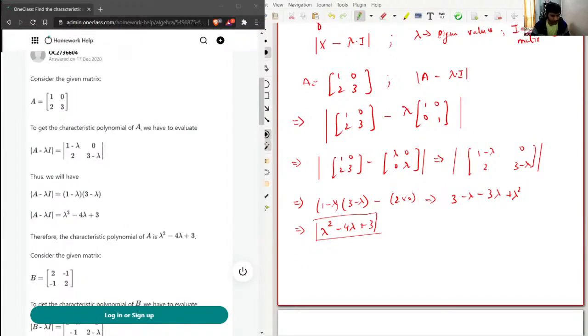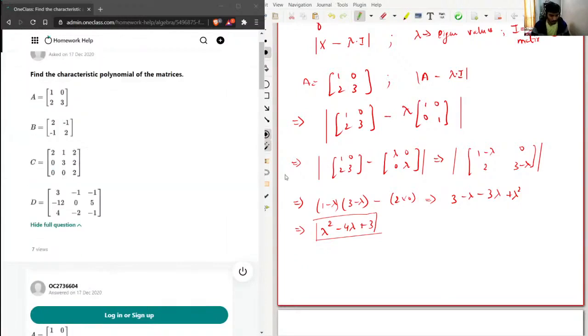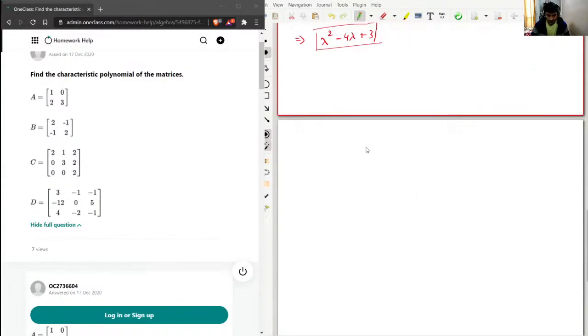So again here we can see that the same kind of procedure is followed. I will go for the second one. So my B matrix is, it is a lot easier to deal with a 2 cross 2 matrix, and if we have a 4 cross 4 or more than a 3 cross 3 matrix, then it is better to just ask the computer to solve it for you.